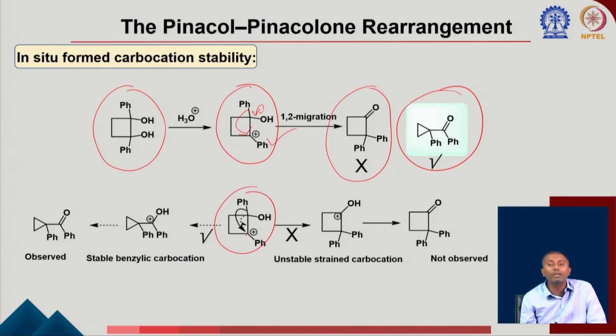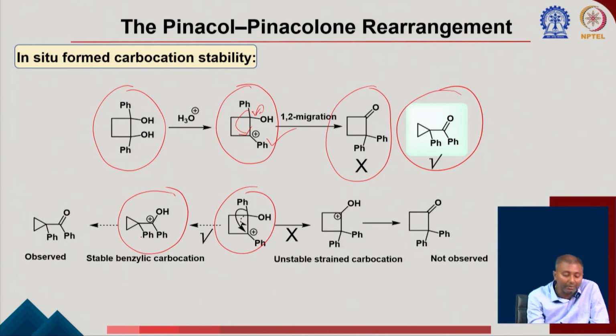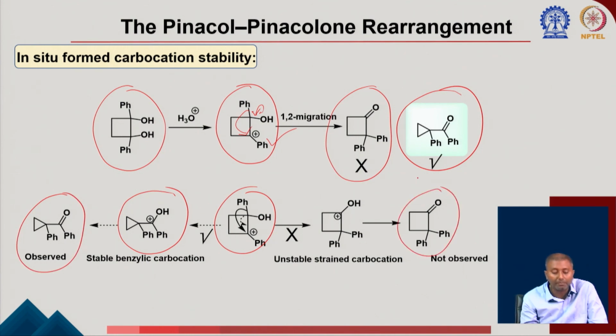It is not going to be favored, because instead it prefers to form a carbocation like this. If you form this type of carbocation, then you can observe this particular product here. We are not going to observe the other product.